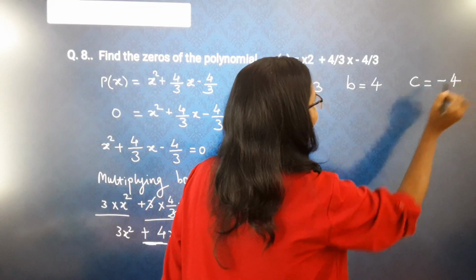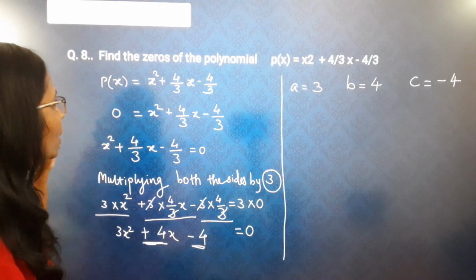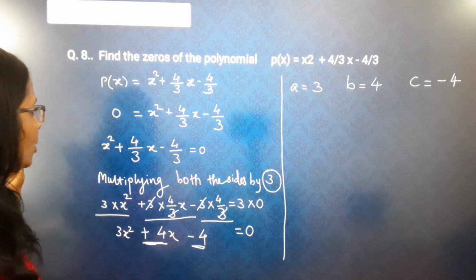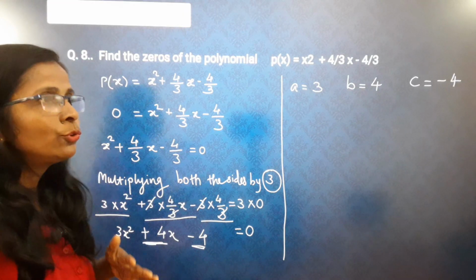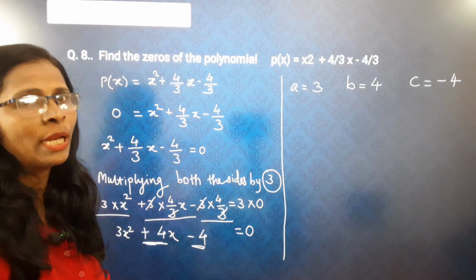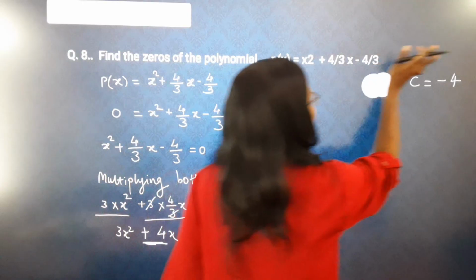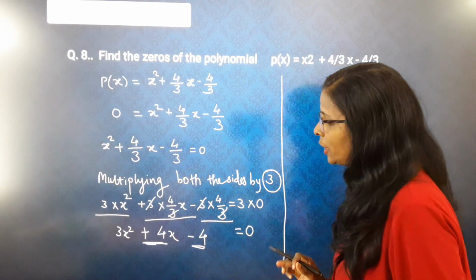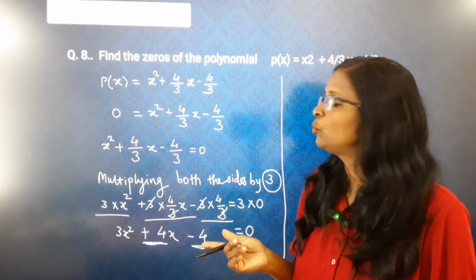Okay. So now we want to find out the zeros of the polynomial. Here we have to find the zeros of the polynomial, so this method is not followed here. We solve it by the factorization method, students.